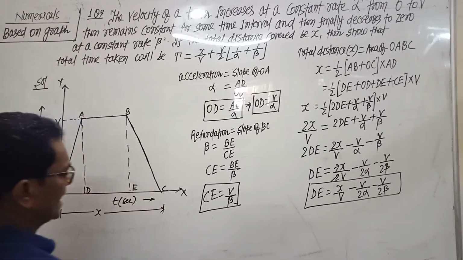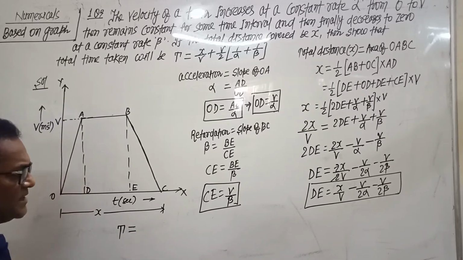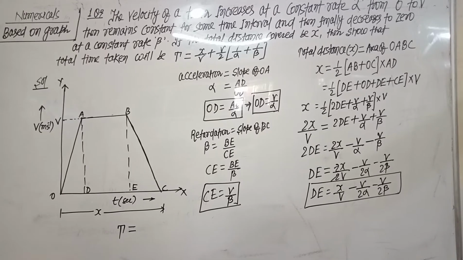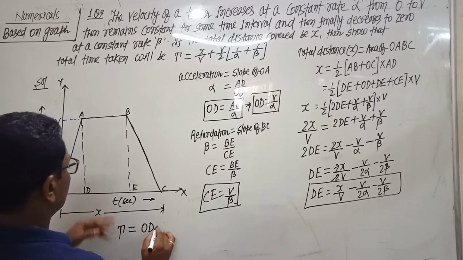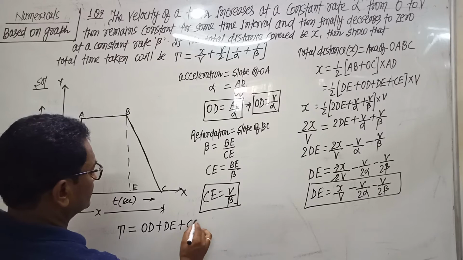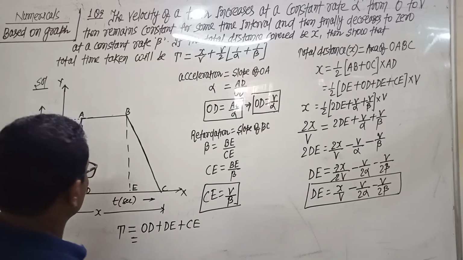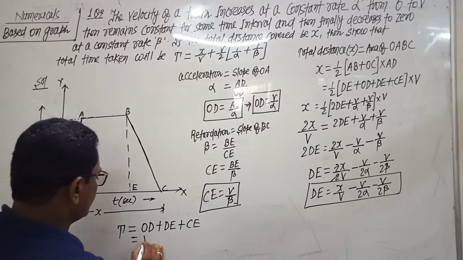Now the total time taken, capital T, is written as OD plus DE plus CE. OD we have calculated as v by alpha.